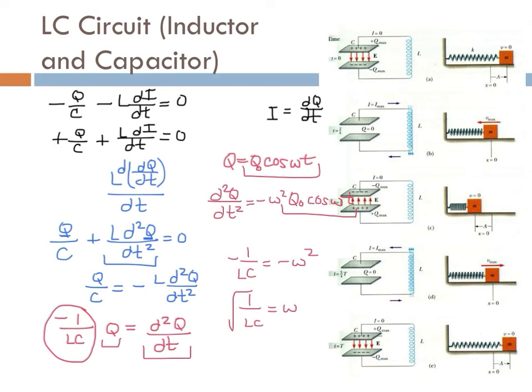And remember that that is equal to 2 pi over T. So if I wanted a function for the period, it would just be the period is equal to 2 pi times the square root of L times C.